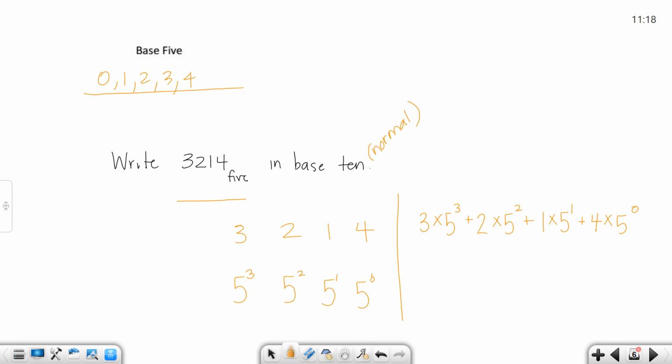Now remember that 5 to the 0 is 1, so this piece right here would be 4 times 1. This piece right here is 1 times 5.